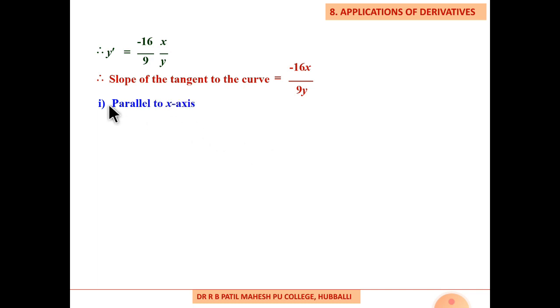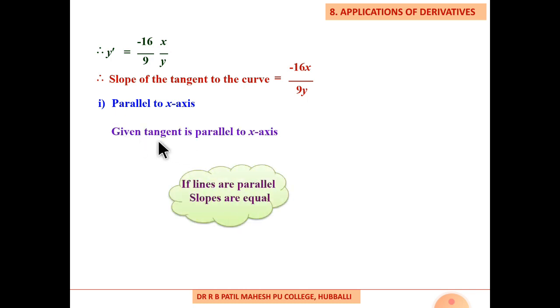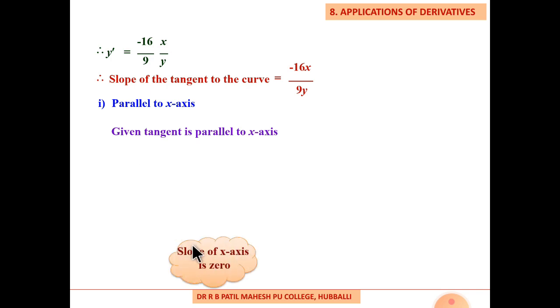Now the first part is parallel to x-axis. Parallel to x-axis means the given tangent is parallel to x-axis, and if two lines are parallel, then their slopes are equal. Now therefore, what is the slope of the x-axis?